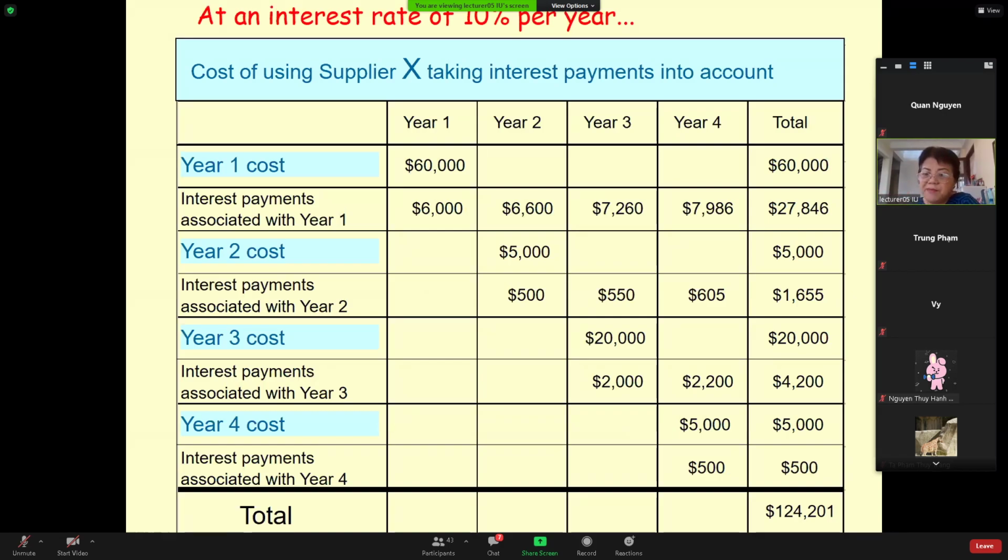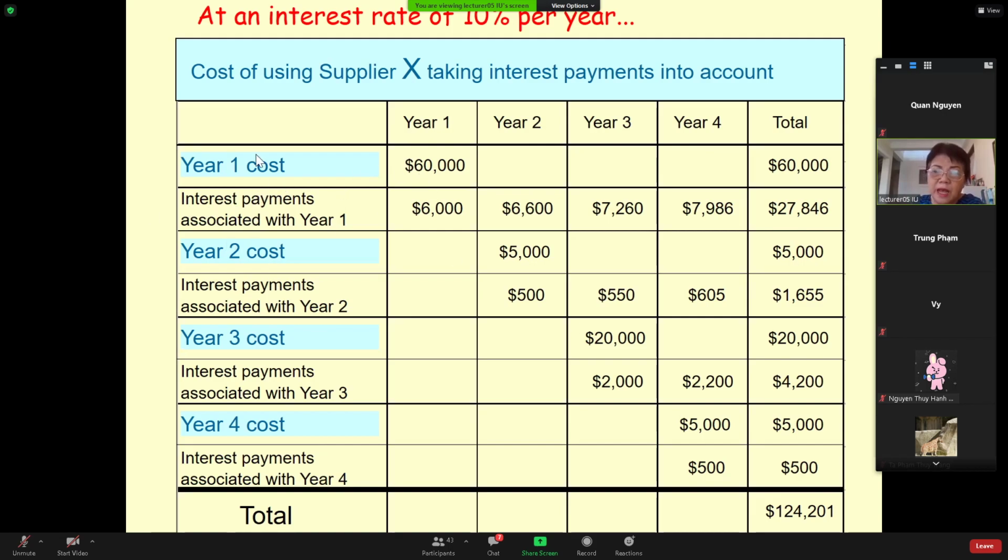This table gives you an example of the cost of a supplier taking the interest payment into account. For example, you have supplier X, with year 1, year 2, year 3, year 4.